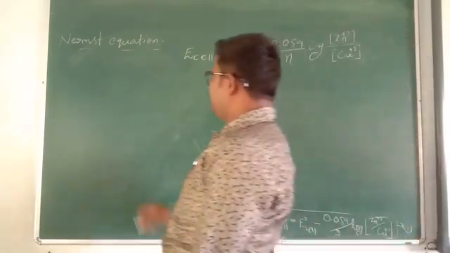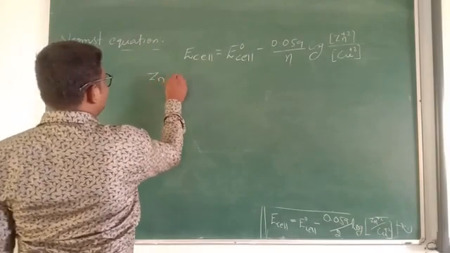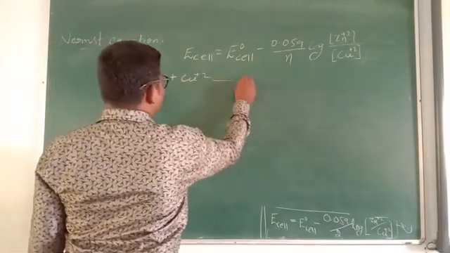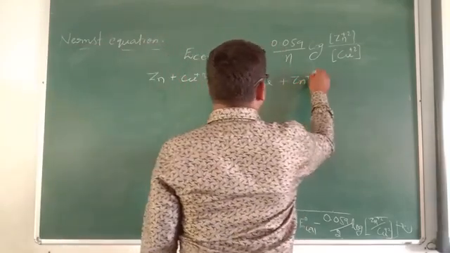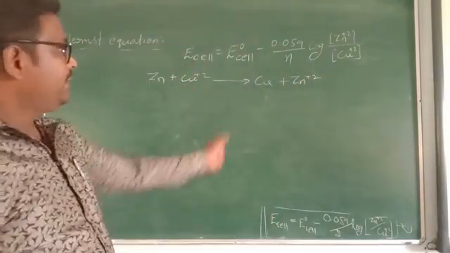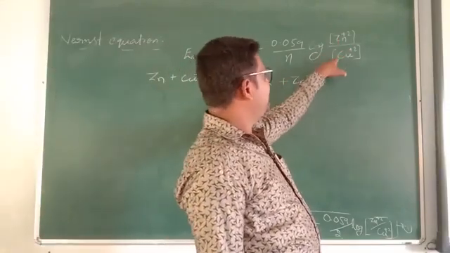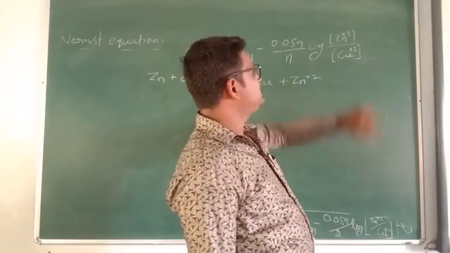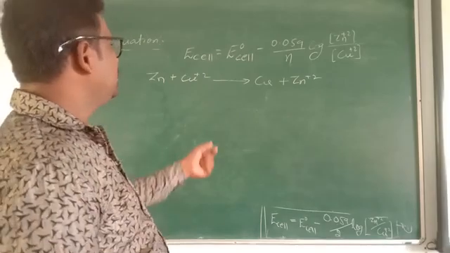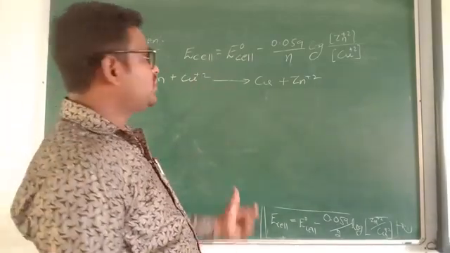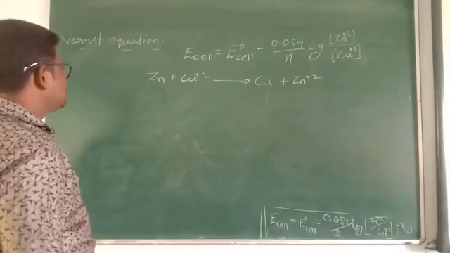In the Daniel cell, zinc reacts with copper sulfate solution, forming copper metal plus zinc ions. Here, zinc ions are products and copper ions are reactants. So products concentration divided by reactants concentration.